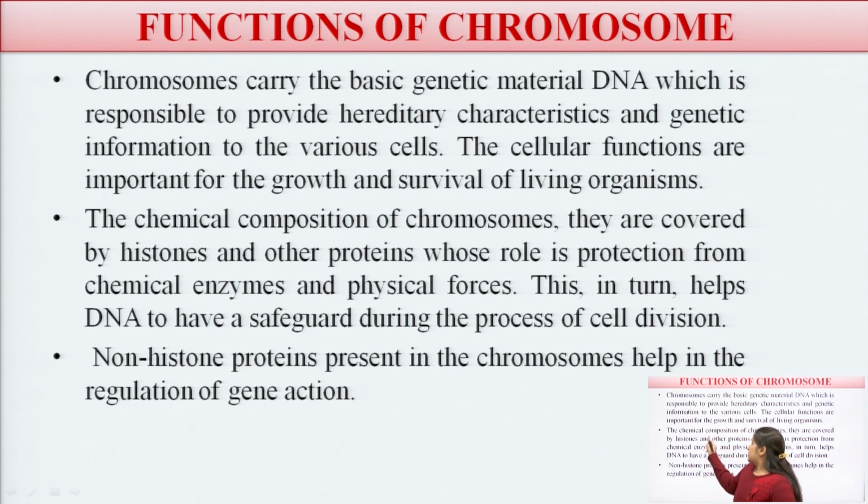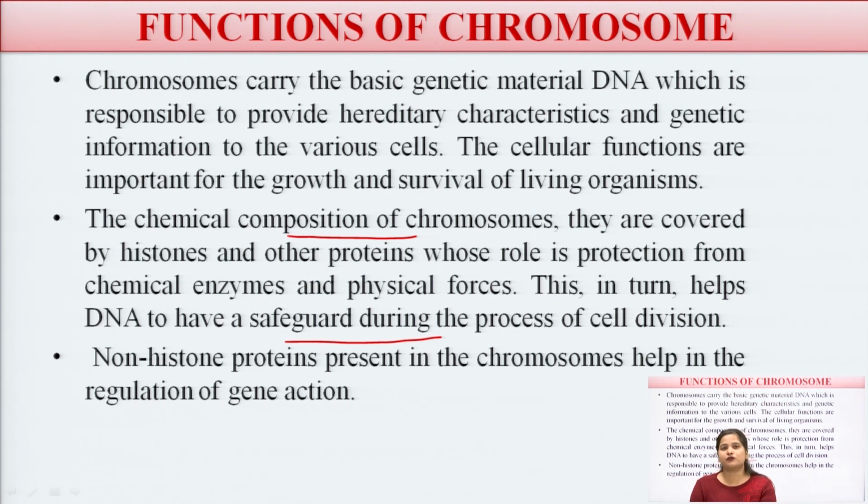If we talk about the chemical composition of the chromosomes, they are covered with histone proteins and other proteins whose role is protection from chemical and enzymatic activities and physical forces due to which the chromosomes may be damaged. In turn, it helps the DNA to have a safeguard during the process of cell division.